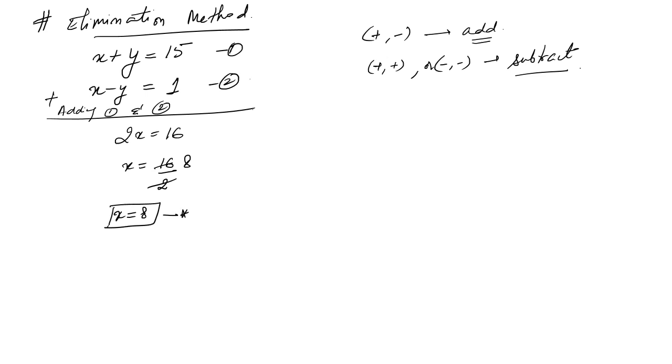And substitute this value of x, now it's up to you, x की value you can substitute in any one of the equations. ठीक है, आप first में भी put कर सकते हो, you can put it in second also. So x equals to 8. Put x equal to 8 in equation 1, what you'll get, 8 plus y equals to 15, y is equal to 15 minus 8, that is equal to 7.